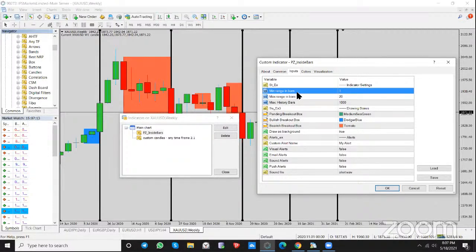So if there's an inside bar within one inside bar, then this will be the minimum range. Like you can have 2, 3, 4, 5. That means you are really looking at consolidation. This is what you're looking at if you increase the minimum range. I don't think for an inside bar you should be looking at 20. But again, it's a default value.